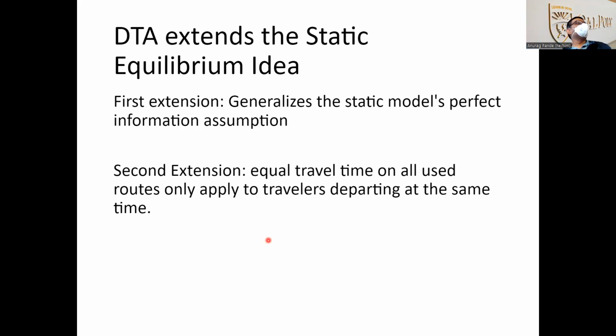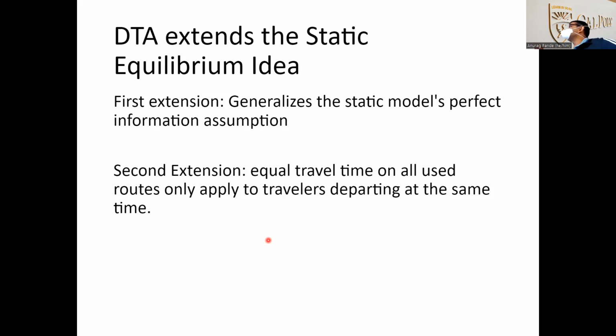Now we are generalizing it so that they're learning that via experience. They experience a travel time in the previous iteration, and they use that knowledge to get around. So we are generalizing that perfect information assumption, but now we are relying on their actual experience from the previous iteration.